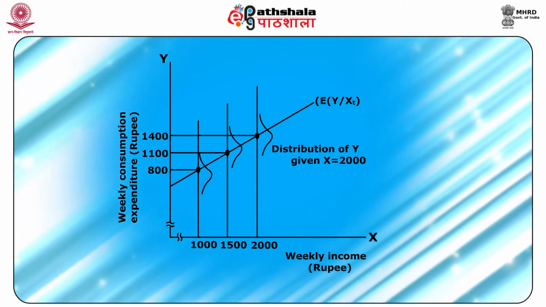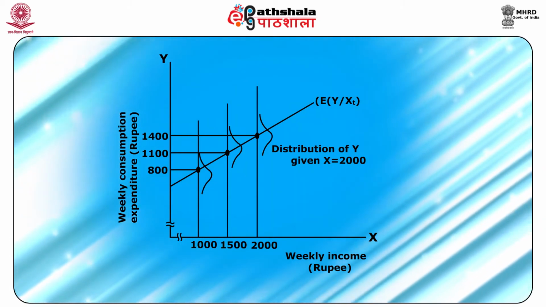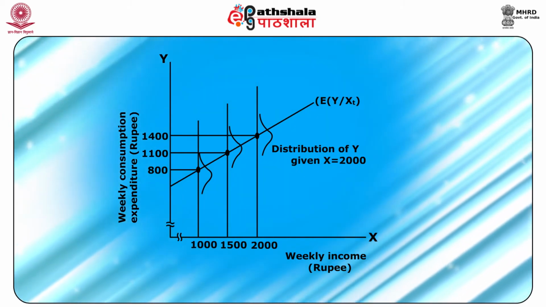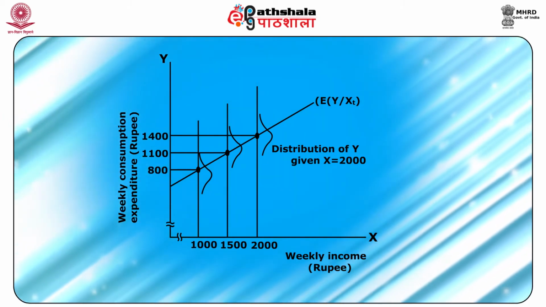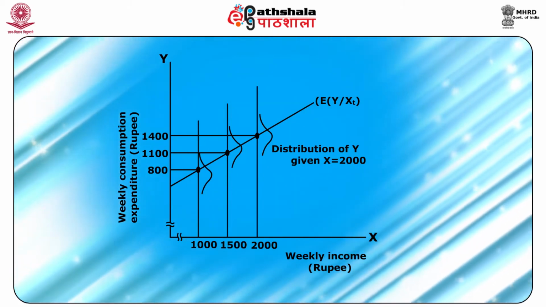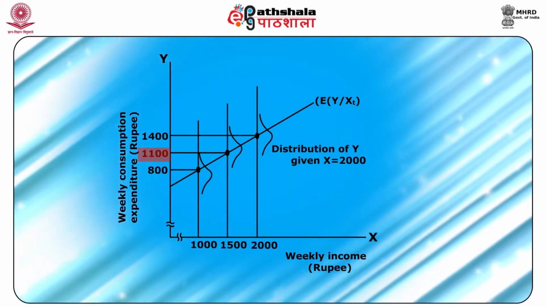This phenomenon can be seen in table 1 itself, where for example we see that when the income level is rupees 1000, the corresponding expenditure on consumption is only 800. But when the income is increased to 1500, the average expenditure on consumption rises to 1100.